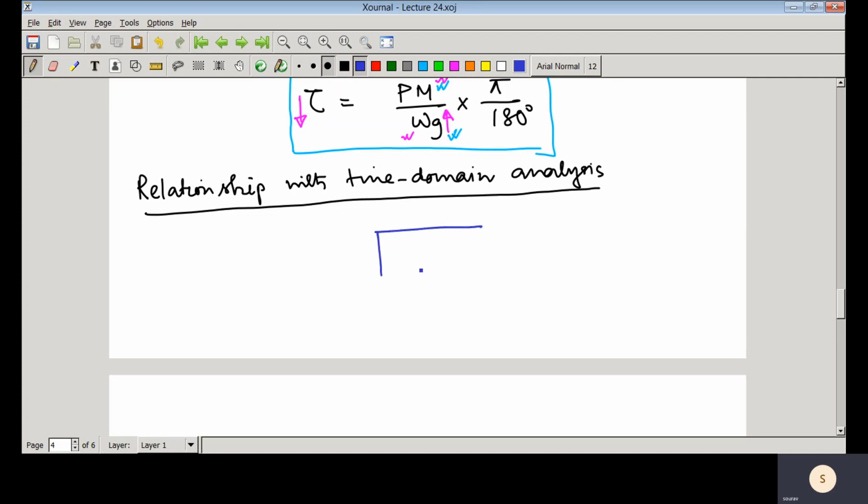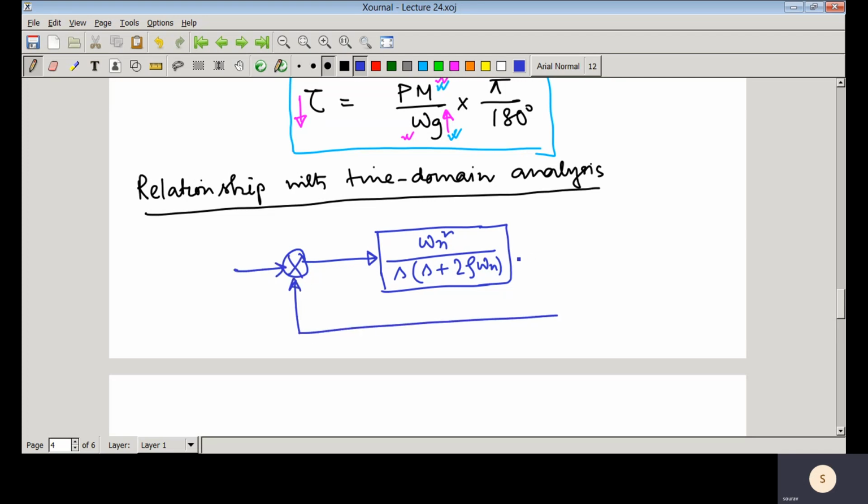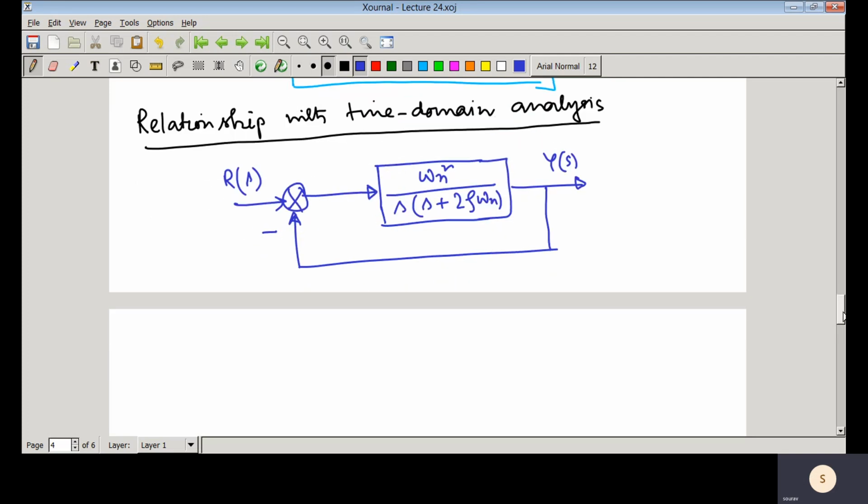Here we have the loop transfer function, omega n square by s times (s plus 2 zeta omega n), and if we close that loop with negative feedback, with this being the reference command and this the output, what is the closed loop transfer function?